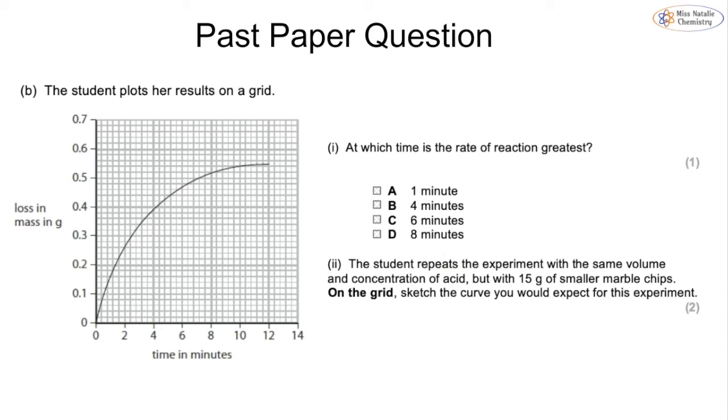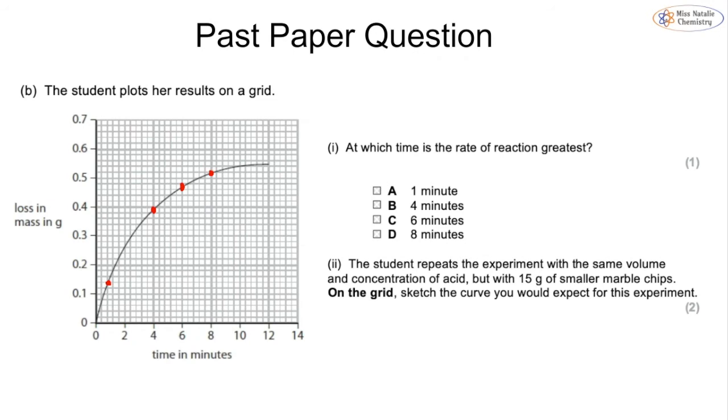The student then plots her results on a grid, and we're then looking at what time the rate of reaction is the greatest. Okay, so we want to be looking at the steepness of the curve. So at 1 minute, 1 minute is going to be here. At 4 minutes, 6 minutes, and 8 minutes.